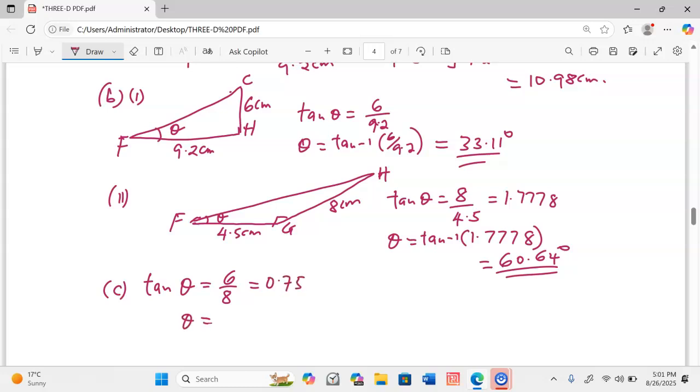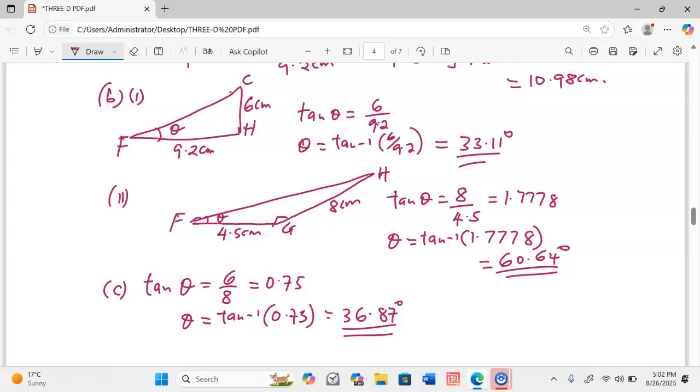That means theta is going to be equal to tan inverse of 0.75, which translates to shift tan inverse of the answer, which is going to be 36.87 degrees, and that becomes the answer of this question.